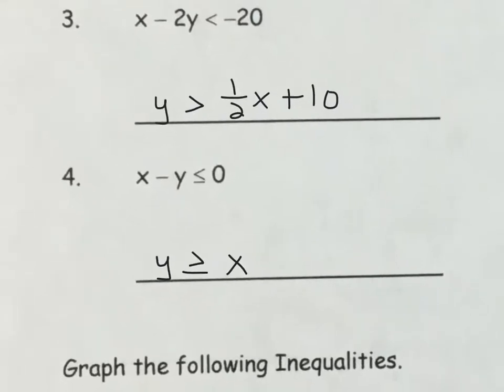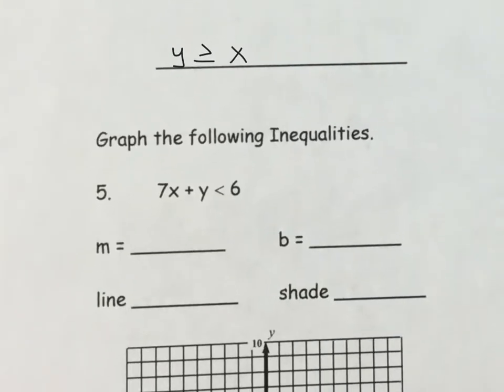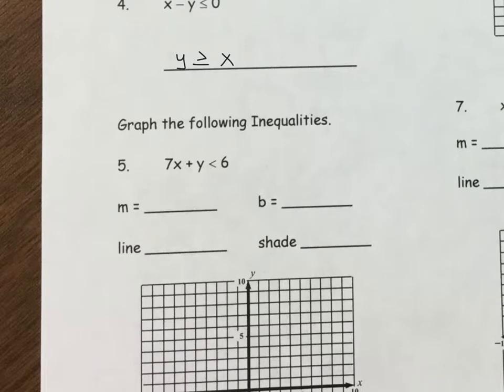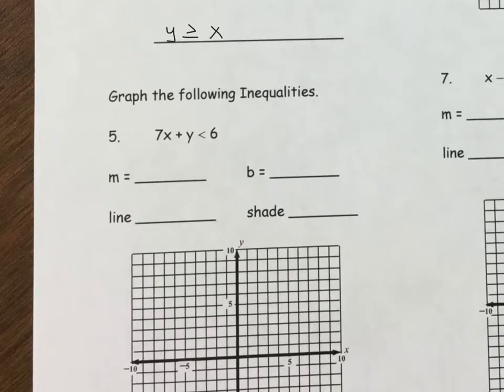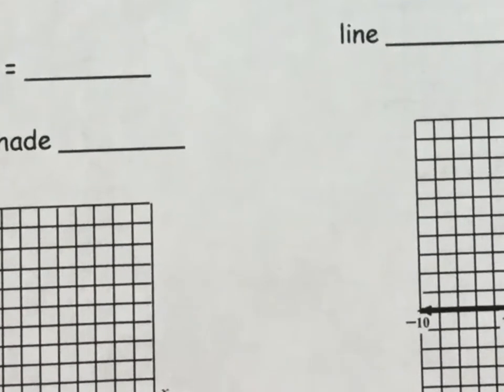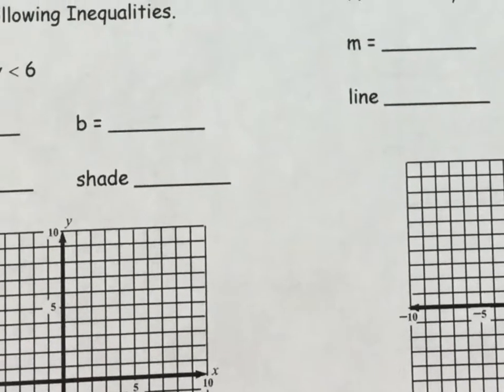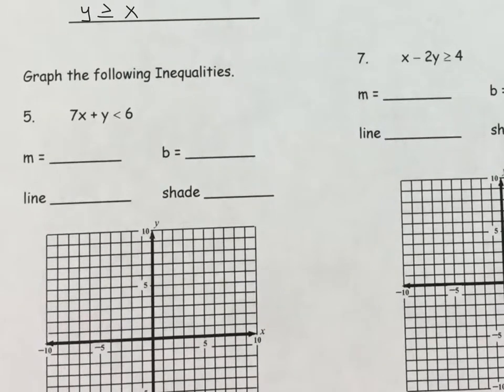All right, cool. So now on the rest of the problems on this side, we're going to first get into y equals mx plus b, and then we are going to graph it. Just so I have some room to write, I'm going to write this inequality down here on the side: 7x plus y is less than 6.